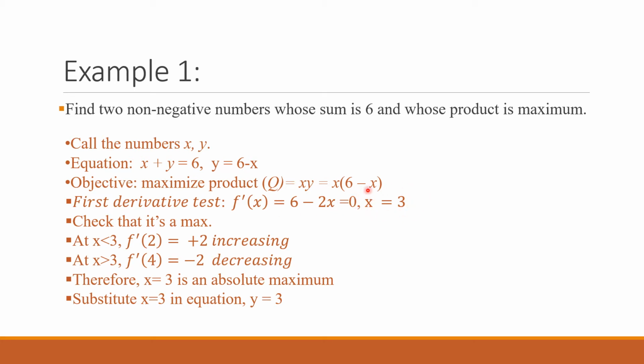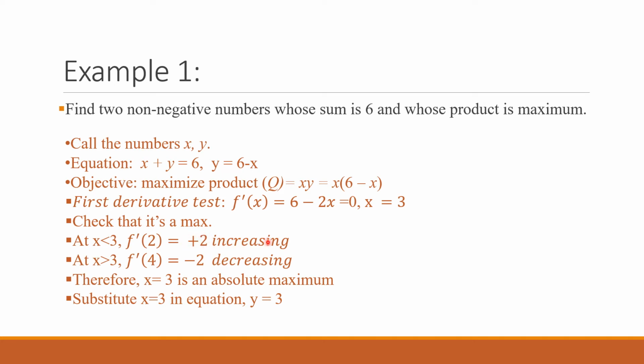Alright, so at x equals 3, we think that the product is going to be maximum, but I need to check. How to check? If I found that the interval before my critical point 3 is increasing, then decreasing, then I'm sure that I have an absolute maximum. So let me try. X less than 3, I just assume to have any point. I use 2. Someone can use another value. Any point in this interval. Substituted, I found it positive value.